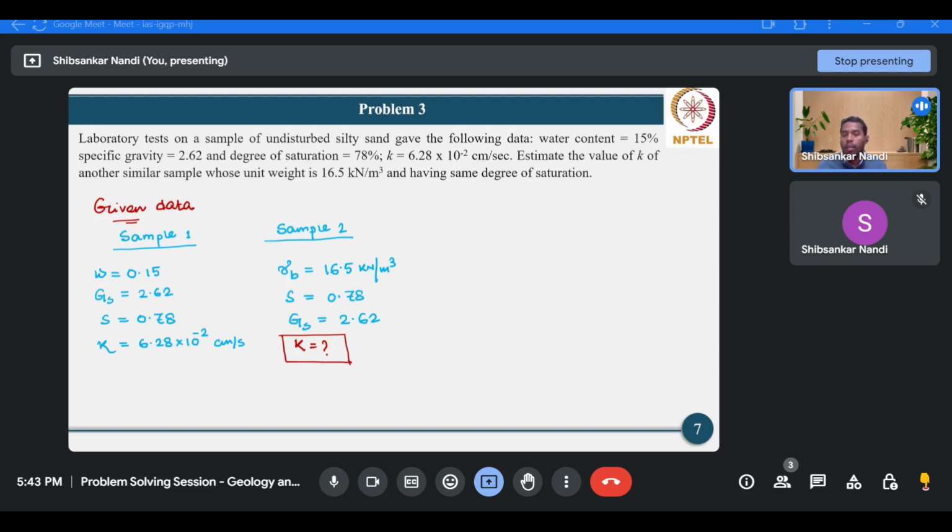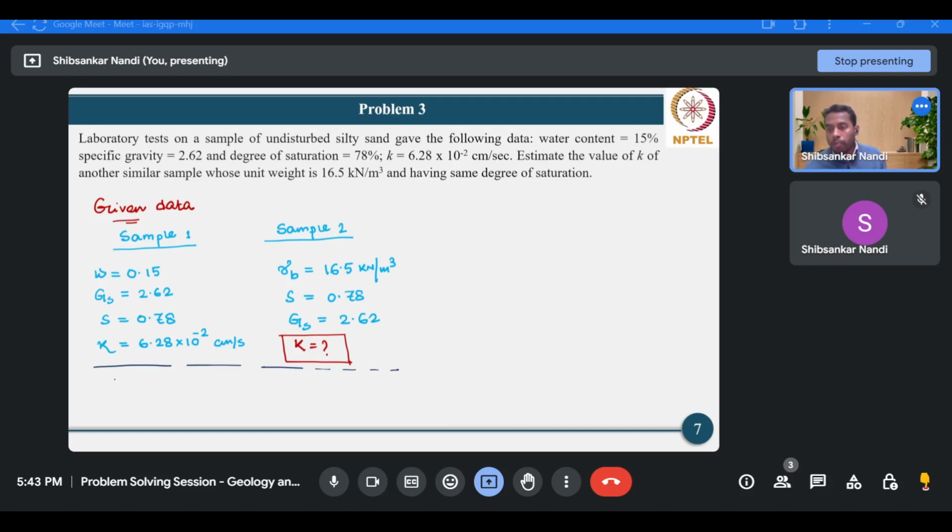Now, how can we identify this factor? That depends on the basic relationship which we have got from the three-phase diagram of a given soil.